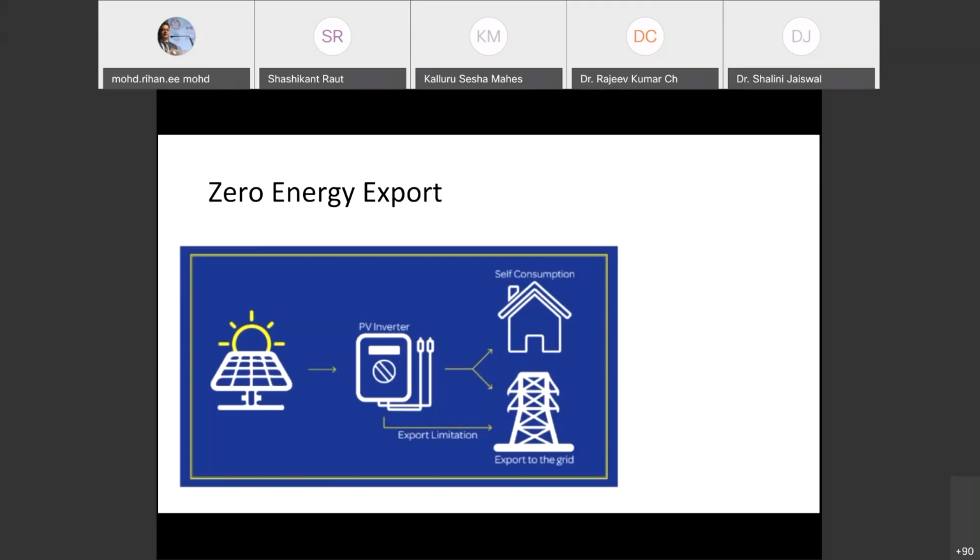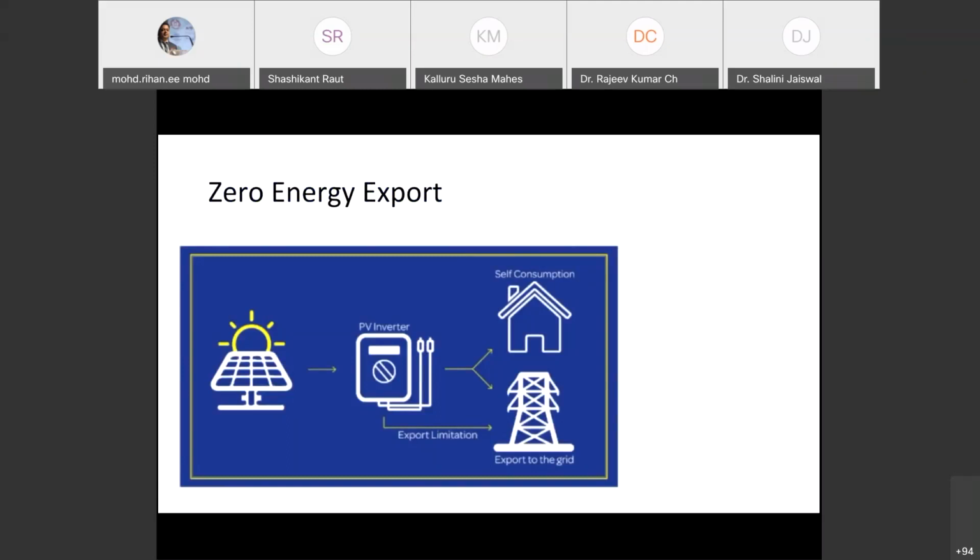And now it has been made mandatory for all non-residential and non-agricultural consumers. For example, in the Aligarh smart city, many rooftops of government buildings and offices are being installed with solar plants. But with all these plants, this zero energy export policy will be implemented. A zero energy export device will be installed with all these plants.